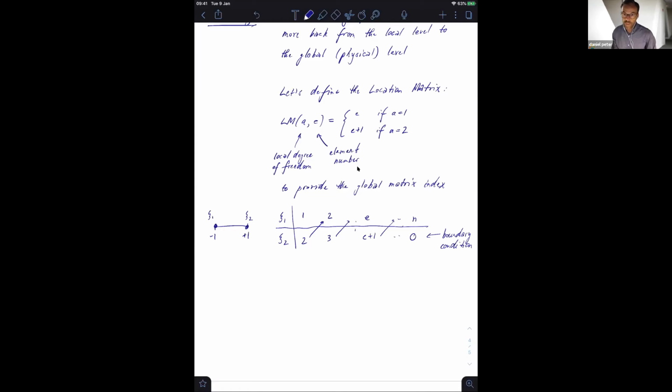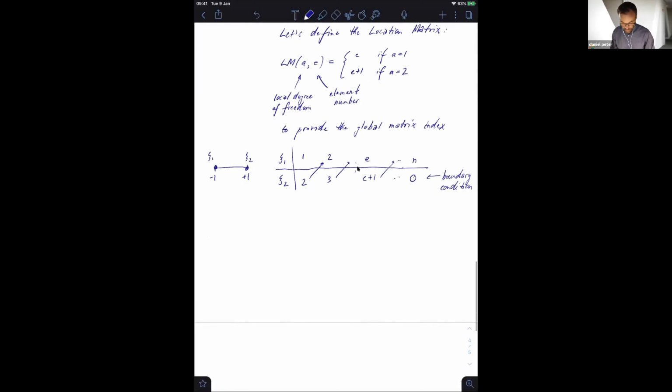So that would be our location matrix. And with this location matrix, we can then write the assembly stage. Well, the assembly can be written as the following.